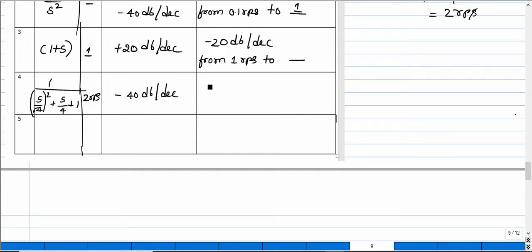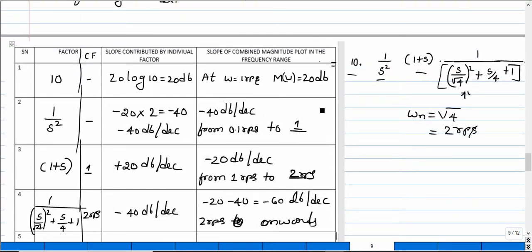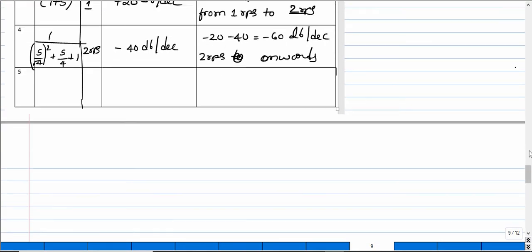So the combined slope will be minus 20 minus 40, that will be minus 60 dB per decade, from 1 to 2 rps. From 2 rps onwards you can just extend the line and leave it. So this is the complete detail in order to draw the magnitude plot.